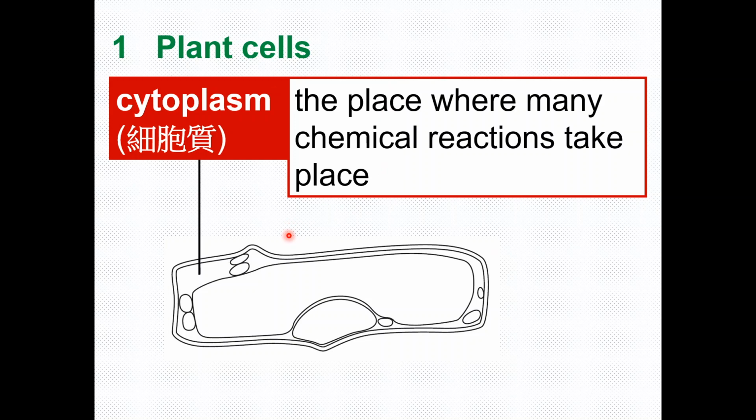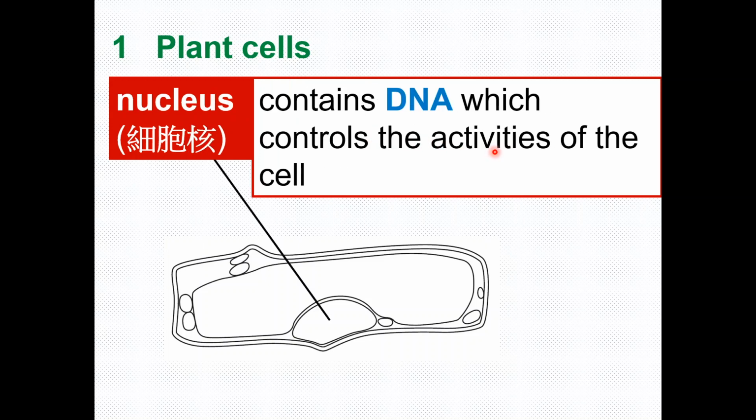So what kind of chemical reactions? You can learn it in Form 2, Form 3, Form 4. For example, respiration and photosynthesis. So the cytoplasm is the place where many chemical reactions take place, for example, respiration and photosynthesis.